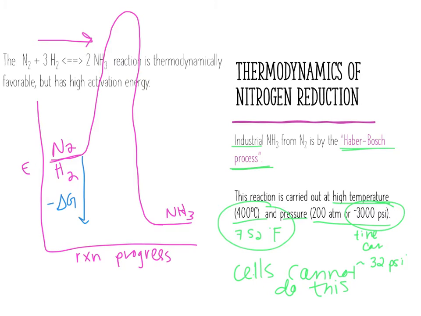What do we do in biochemistry when there's an incredibly high activation energy bump? How does it come down? We use an enzyme in biology. And it's a very special enzyme that we call nitrogenase.